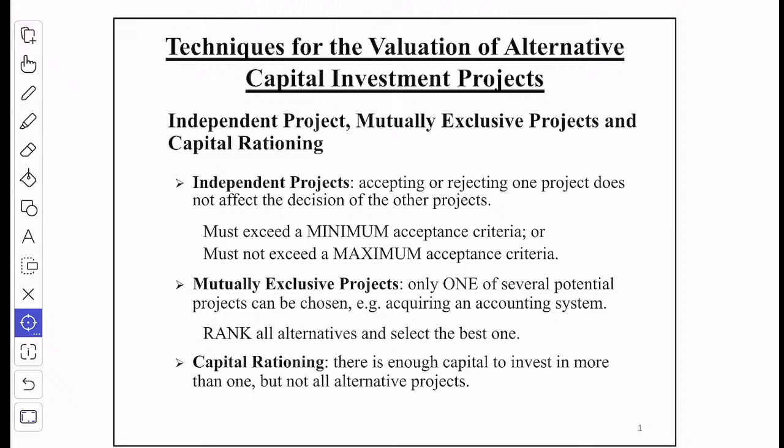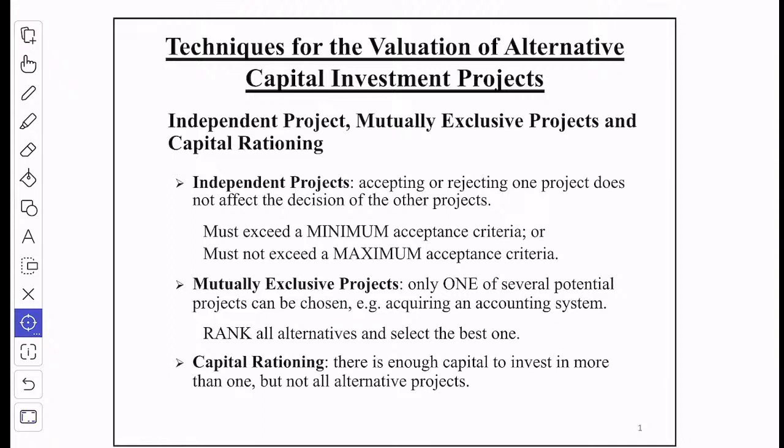Second is, well, maybe you don't have enough money to pursue all projects, you don't have enough capital, so we're going to have to choose one. Now, how do you do that? You're going to have to come up with a technique of analyzing them and then ranking them best to worst. And so we're going to talk about mutually exclusive projects when we talk about that.